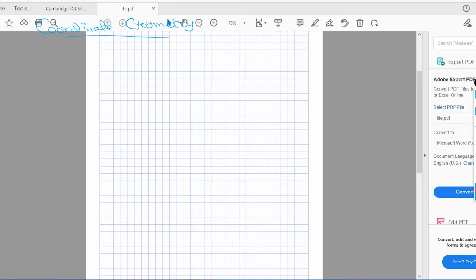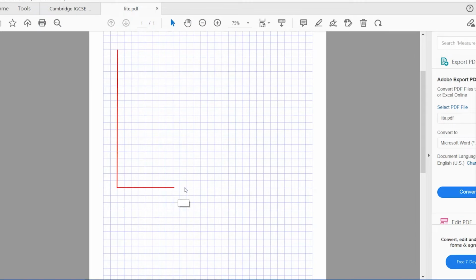So here we have a graph sheet. Let's try working with this. All right, let's use this much of the graph for now. What we're doing right now is just seeing if we know how to use the graph correctly. So this is 0, 0. We all know this is the x-axis. The horizontal line will always be your x-axis.